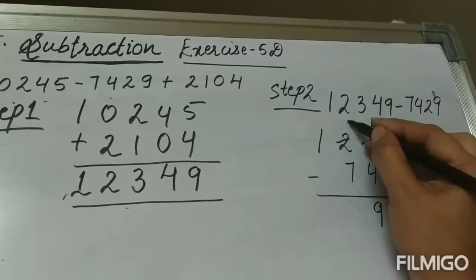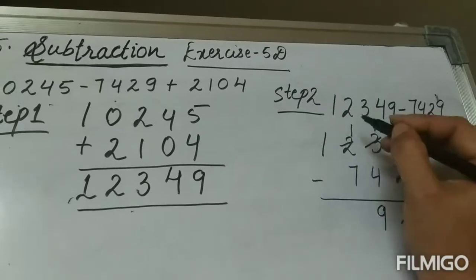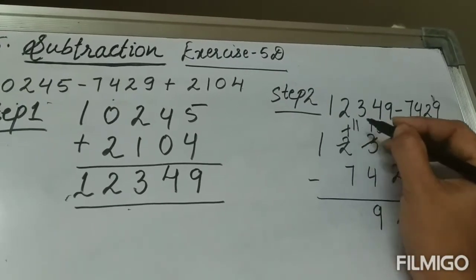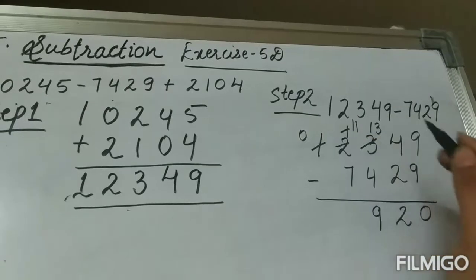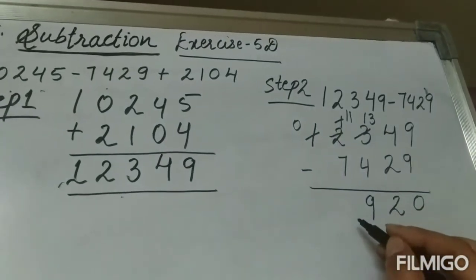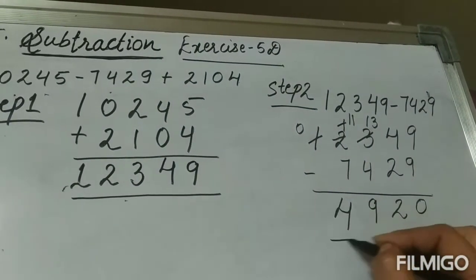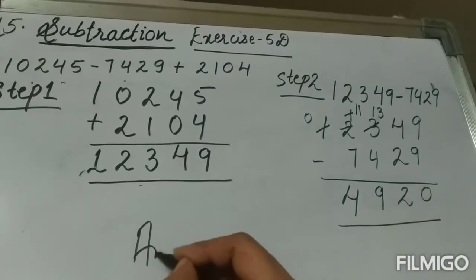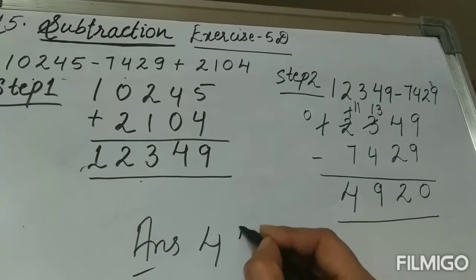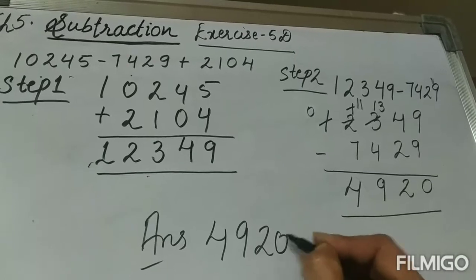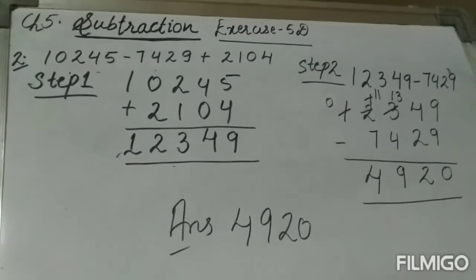This 2 will become 1 and this 1 will borrow, and this 1 will become 11 and this will become 0. And 11 minus 7 is 4. So our answer is 4920. This is our second question.